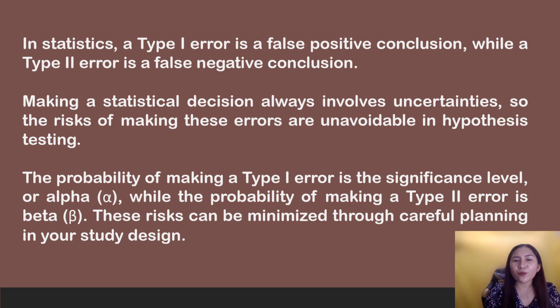The probability of making a type 1 error is the significance level, or alpha. It is denoted by that symbol of alpha. While the probability of making a type 2 error is beta. This symbol, we're going to use at 1. This risk can be minimized through careful planning in your study design.